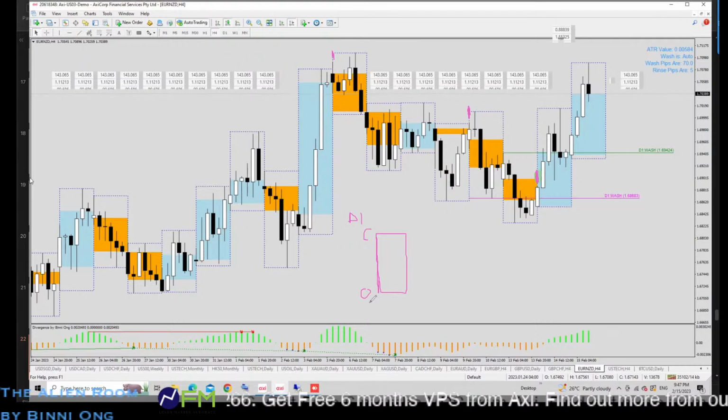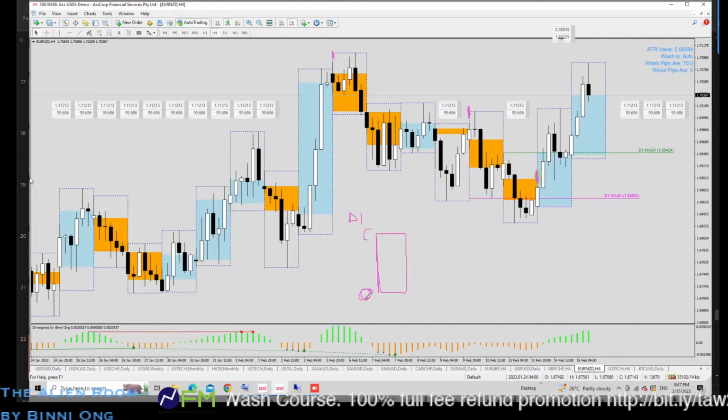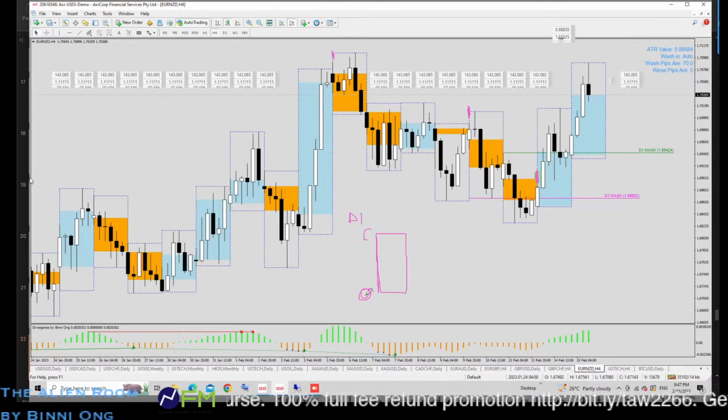Meaning that if price right now is higher than the opening price, that means this particular day candle is going to be bullish. I repeat this statement: if I have the opening price at the low side here, and the closing price is higher than the opening price, then this particular day candle would be bullish. So that's a bull here.